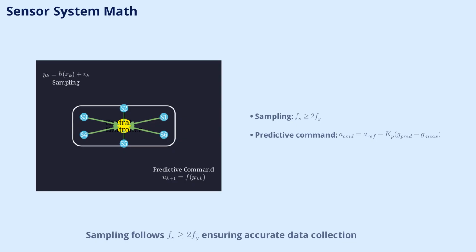The predictive command law is a_cmd = a_ref + K_P(g_pred - g_mes), where a_cmd is the command acceleration, a_ref is the reference, K_P is a gain, and g_pred and g_mes are predicted and measured gradients. These equations enable the craft to adjust its behavior in real time, maintaining optimal stability.